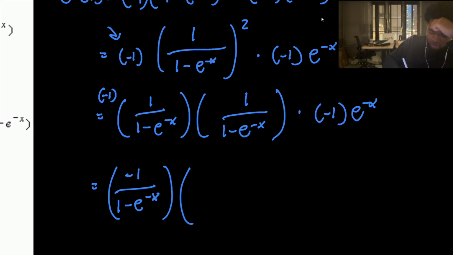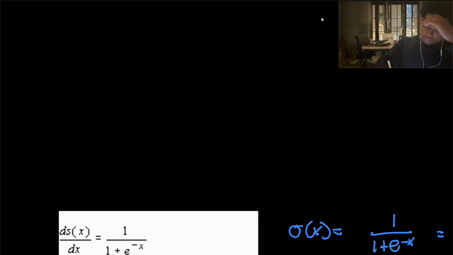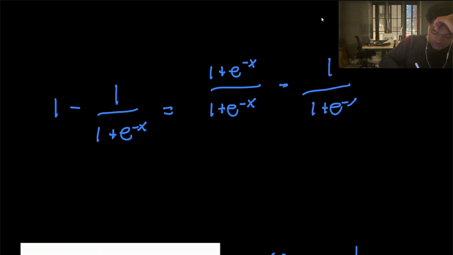Times negative e to the x. Okay, and how would I say 1, just pull out this identity out of my ass, because of course, is equivalent to 1 plus e to the -x over 1 plus e to the -x. Nope. Minus 1 over 1 plus e to the -x.